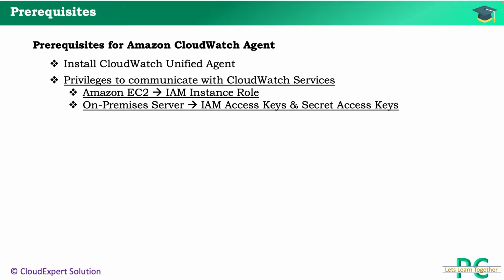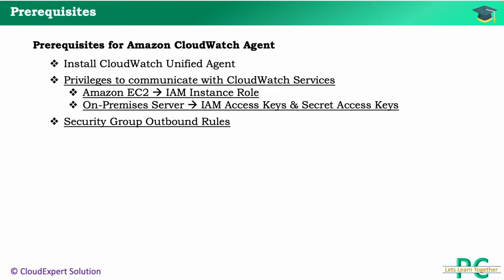Next, your EC2 instance should have the privilege to communicate with CloudWatch services, and for that, an EC2 instance needs an IAM instance role. If you are configuring for an on-premise server, there you need an IAM access key and secret access key, because an instance role only works with EC2 instances and will not work with any servers outside the AWS Cloud.